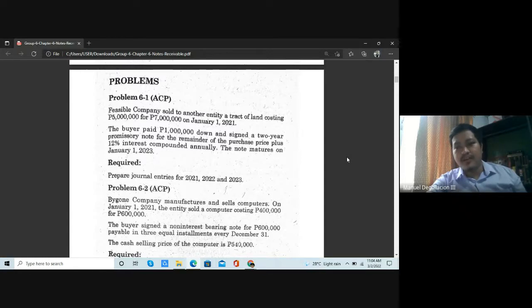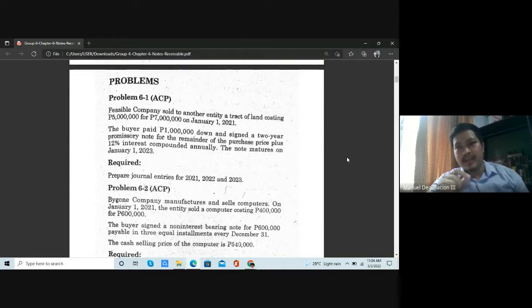So again, to highlight, interest bearing notes are to be measured at face value, whereas non-interest bearing notes are to be measured at present value. But actually, both of them are going to be measured at present value.